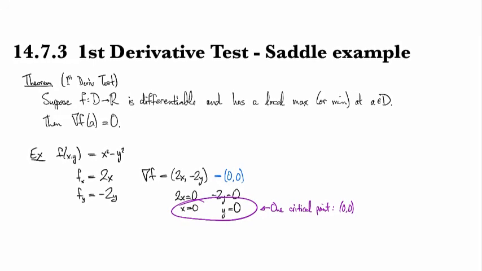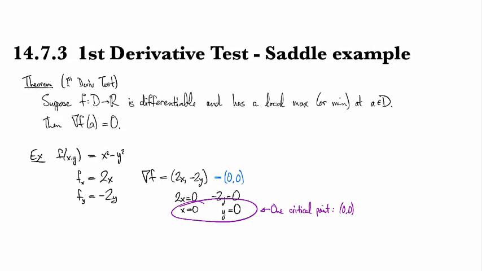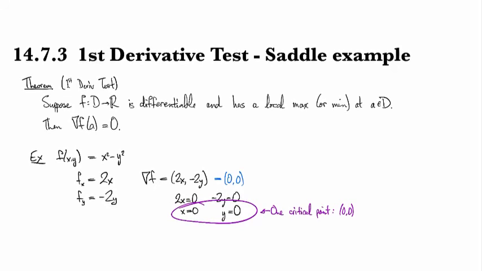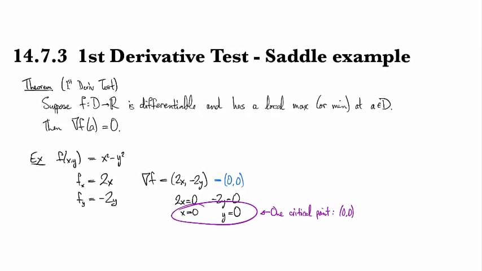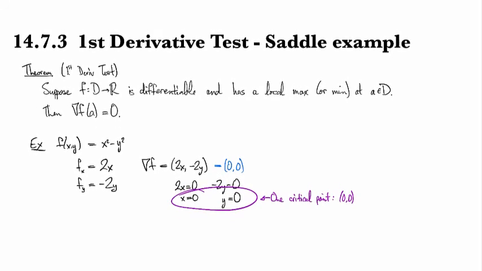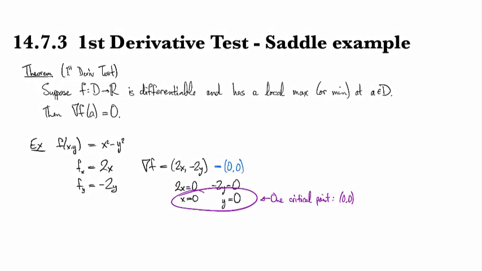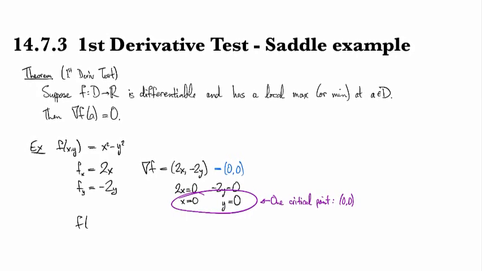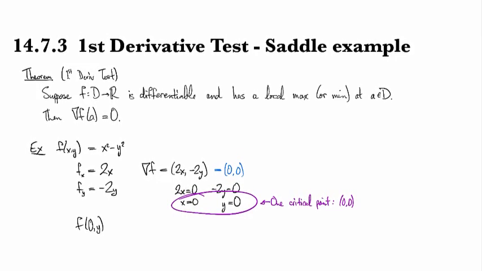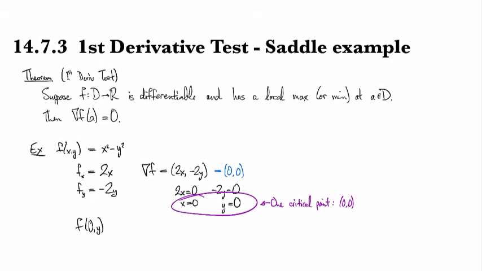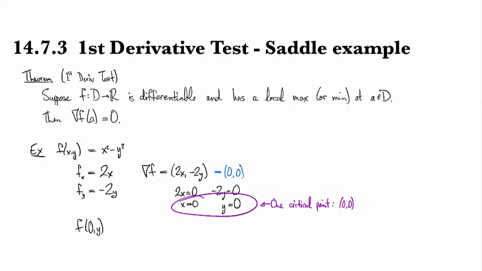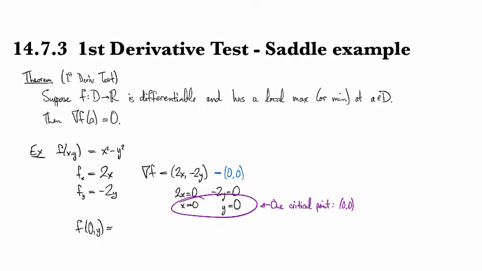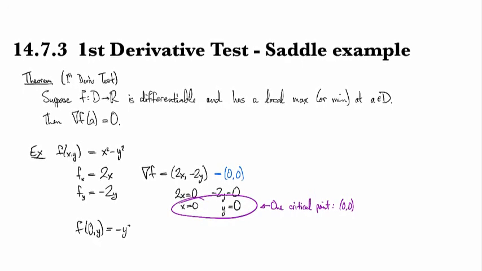And so then we want to say, okay, is this guy a max or a min? Well, we haven't seen the second derivative test yet, so we'll just do some ad hoc messing around with it. Let's look at a couple of traces. If we take f(0, y), so this is the trace when x is equal to 0, then it just looks like minus y squared.